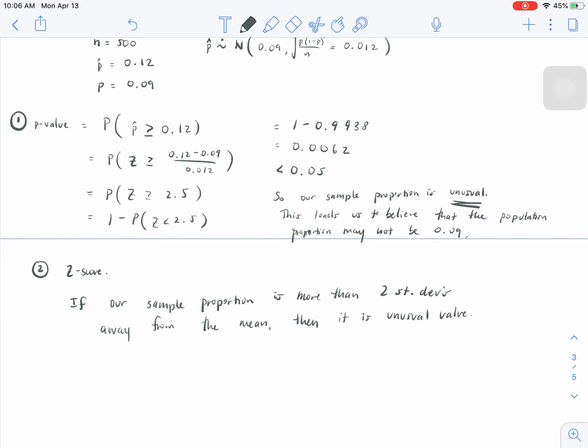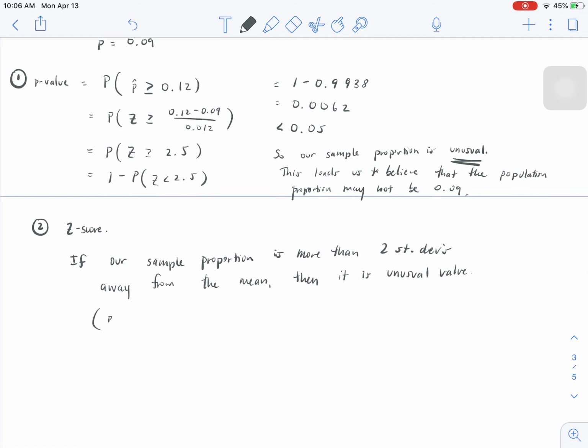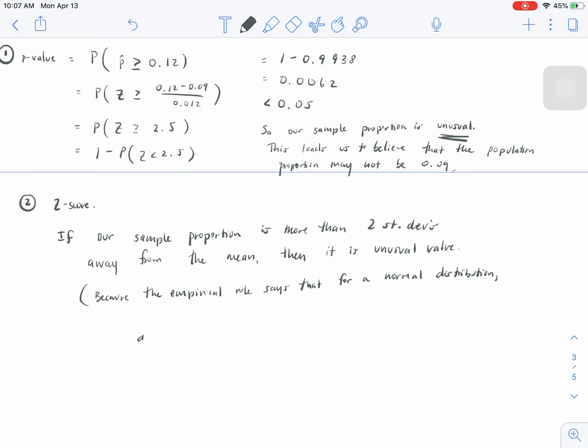This comes from our empirical rule, because the empirical rule says that for a normal distribution, for a bell-shaped curve, 95% of observations are within 2 standard deviations of the mean.